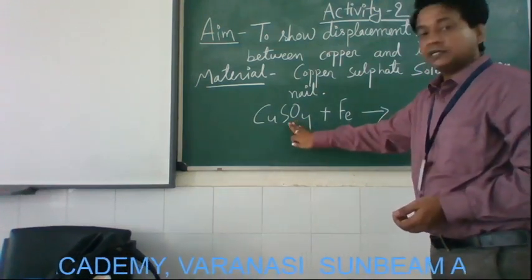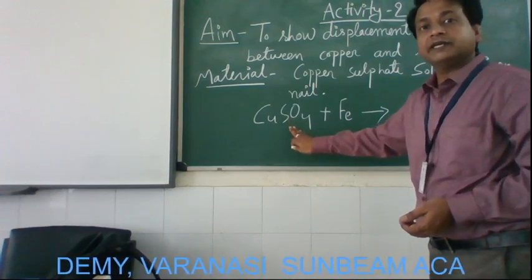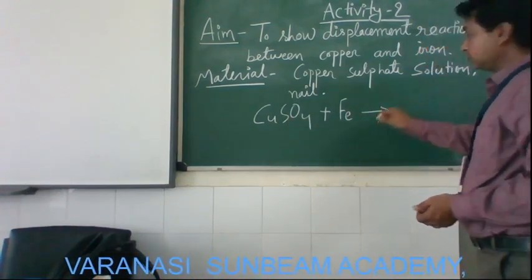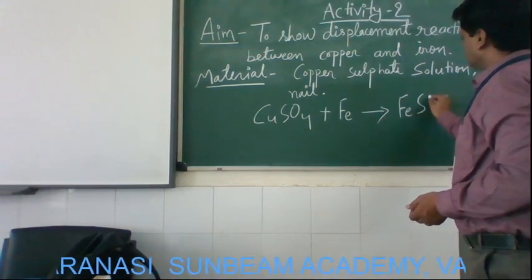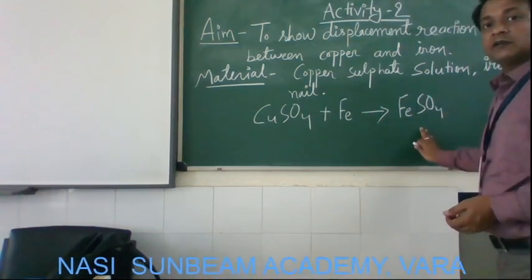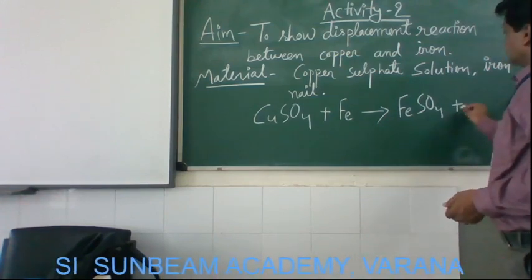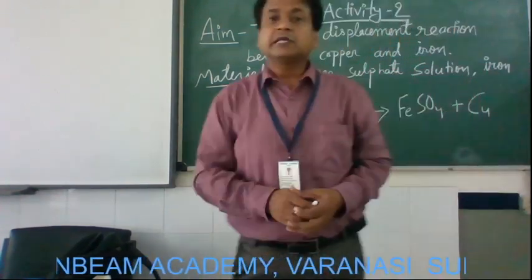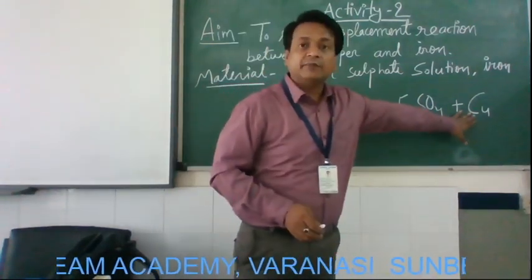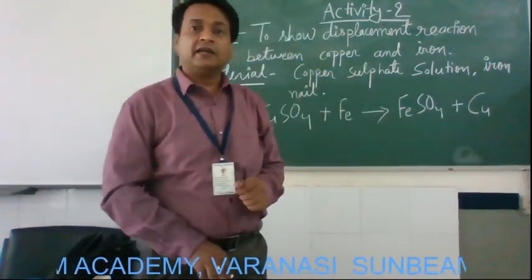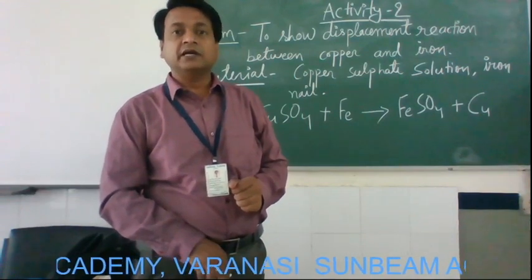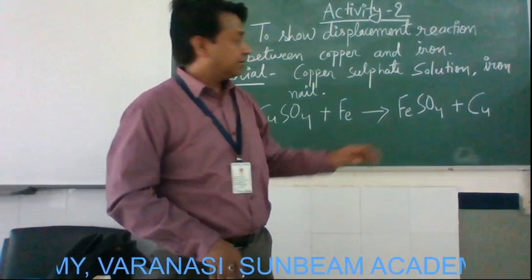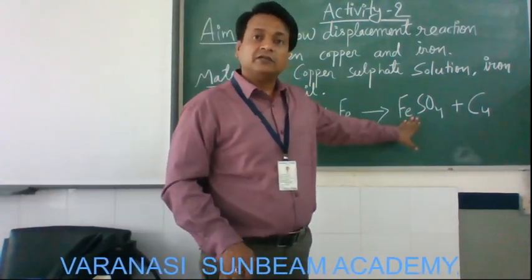The sulfate is going to displace from its place and come to iron, and it will form ferrous sulfate, and copper gets separated. That copper is deposited on the surface of the iron nail, which looks brown in color, and the greenish solution that we obtain at last is the ferrous sulfate solution.